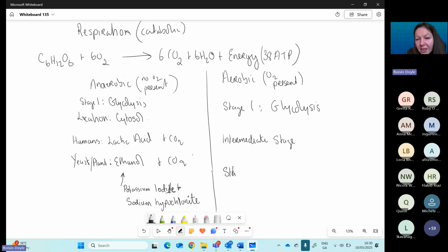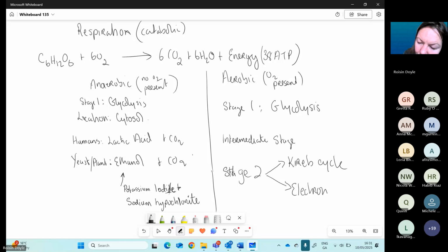My pen has decided it doesn't want to work anymore. Stage 2 has the Krebs cycle, and it has the electron transport chain. So stage 1 of aerobic respiration is called glycolysis. Its location is the cytosol.